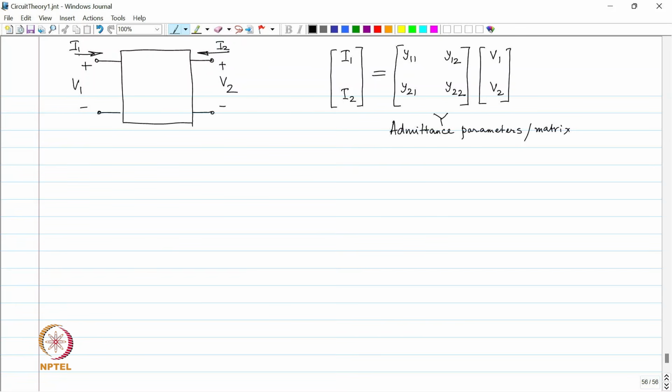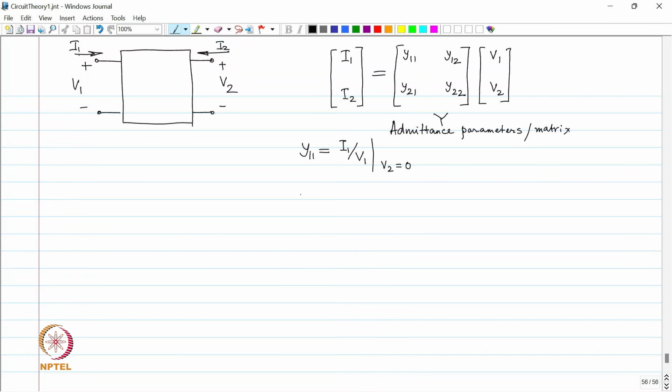Fine. This is the plan. What can you say about y 1 1? What is it equal to? Y 1 1 times V 1 is going to be I 1. So, y 1 1 is going to be I 1 by V 1 when V 2 is equal to 0.